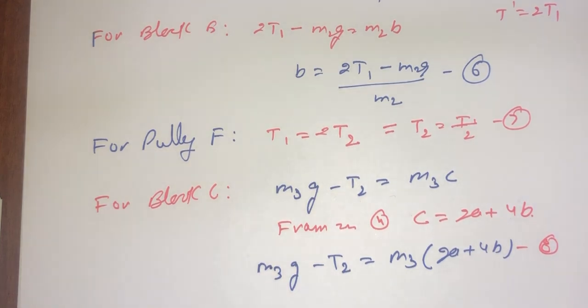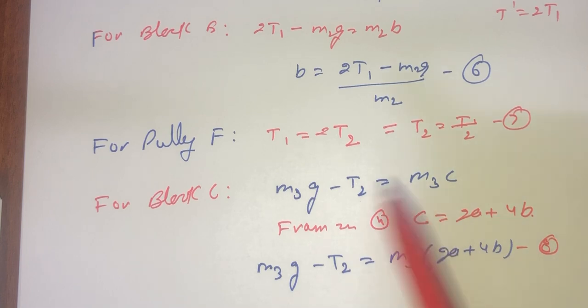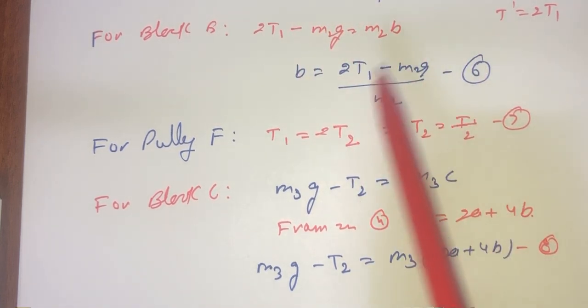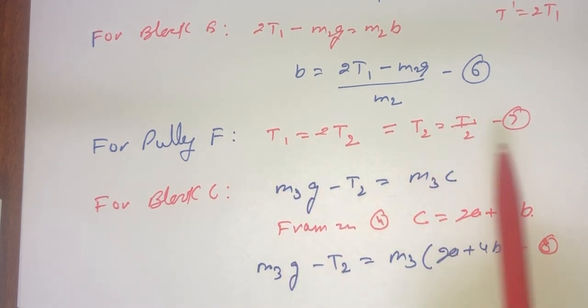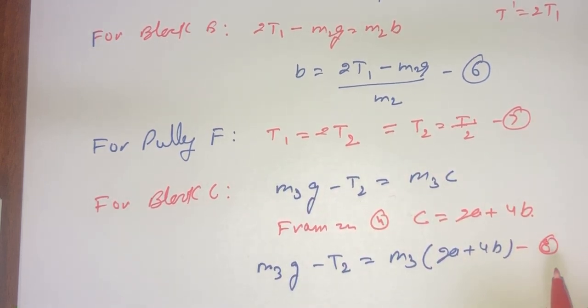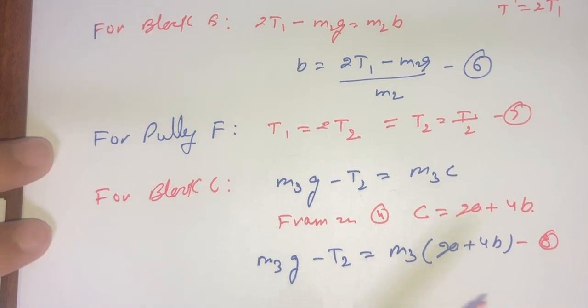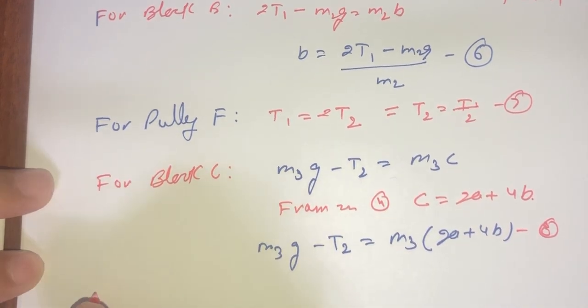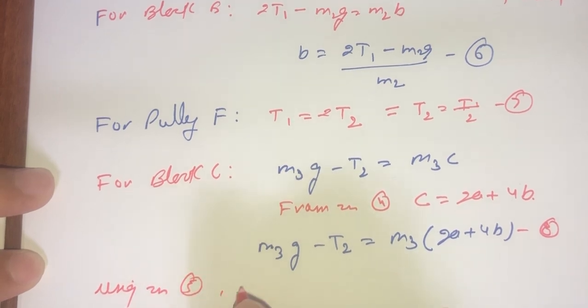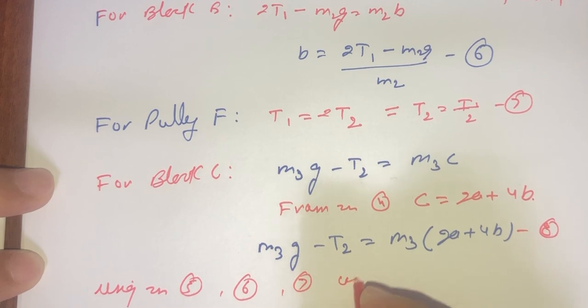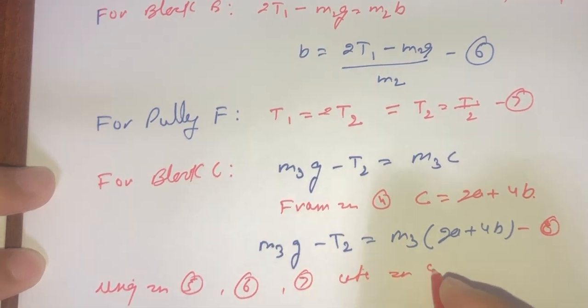Now we substitute the value of A from equation 5, B from equation 6, and T2 from equation 7 into equation 8.